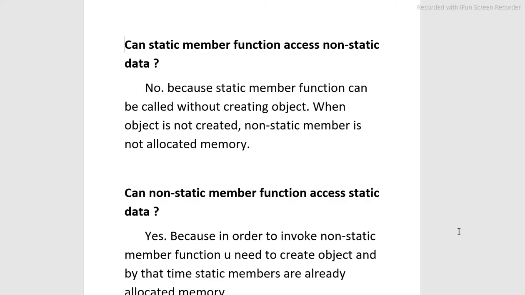When an object is not created, non-static member is not allocated memory. That means non-static member is allocated memory only when an object is created. But in case of static member, it is allocated memory without an object being created.